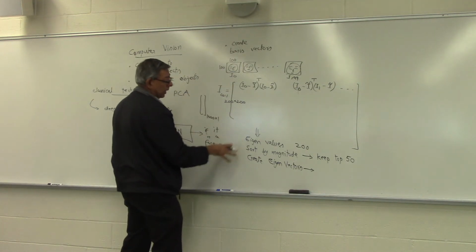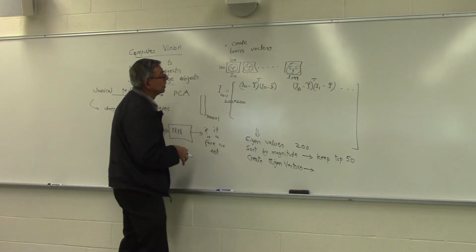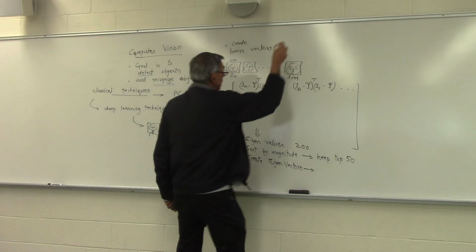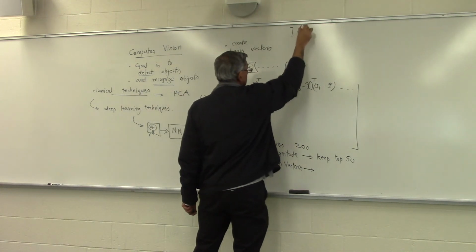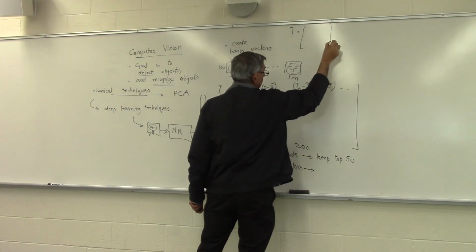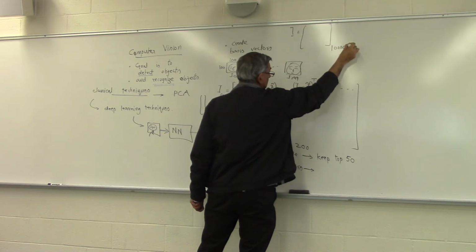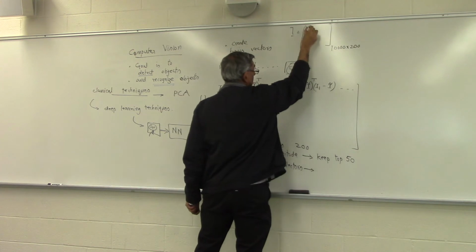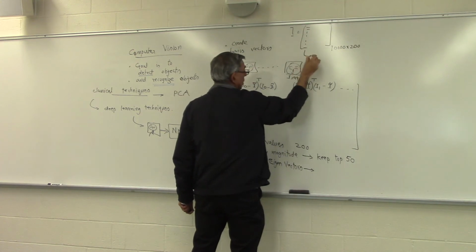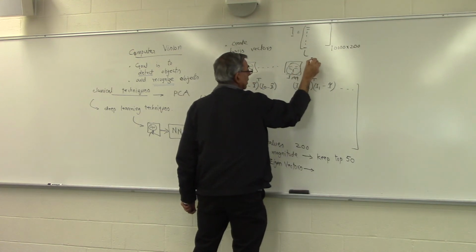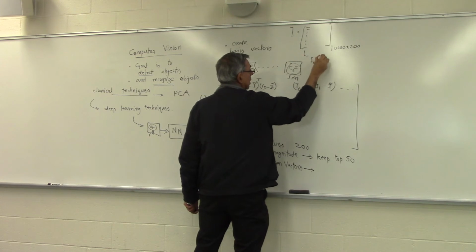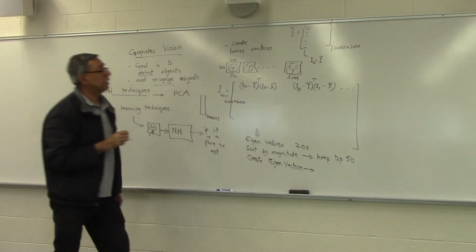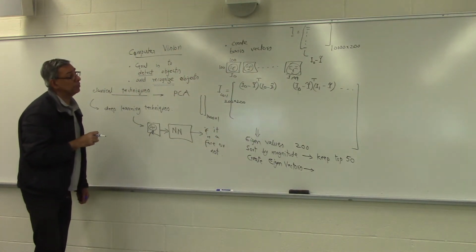Okay, so then after that, we can create the basis vectors. So if our I matrix was basically an assembly of 10,000 by 200 of these, each column is basically the mean adjusted image.